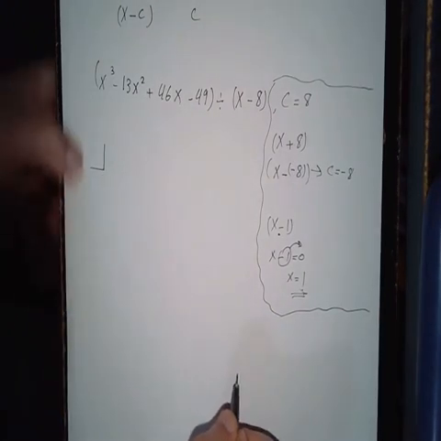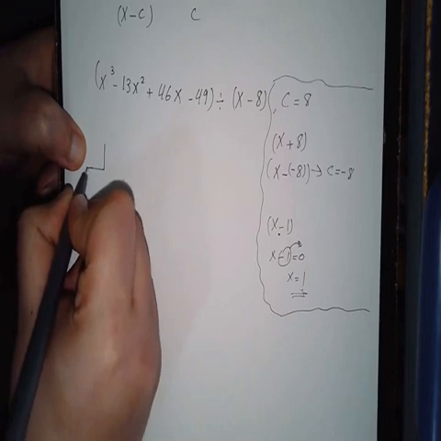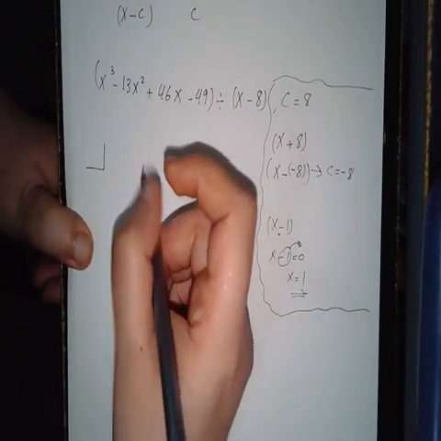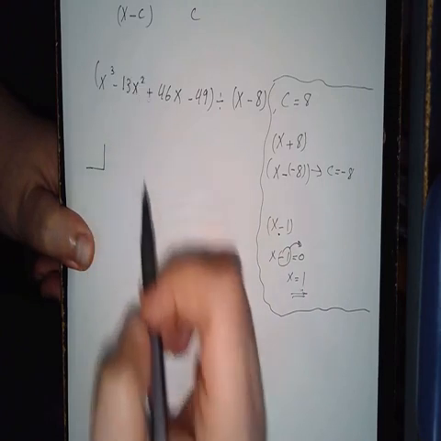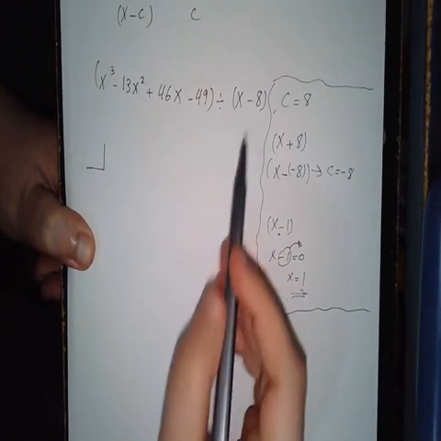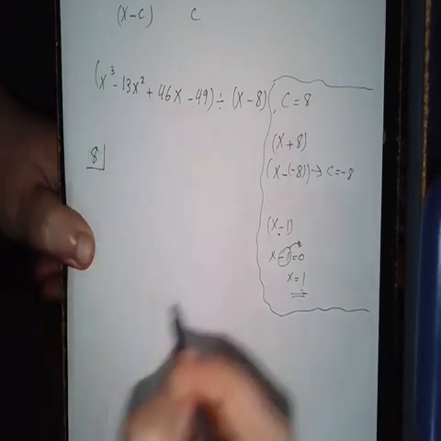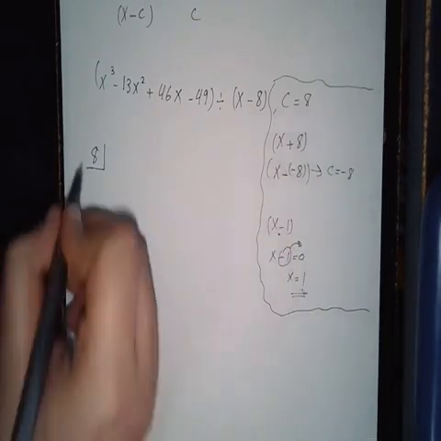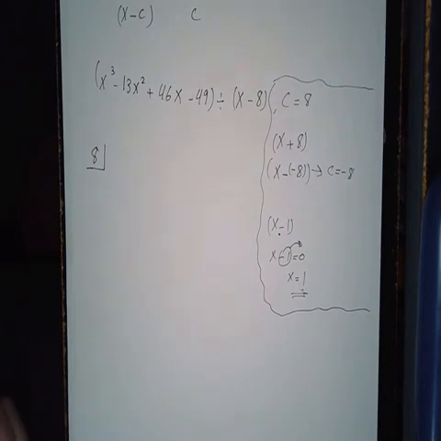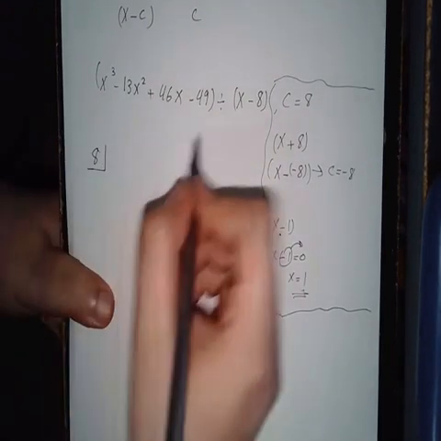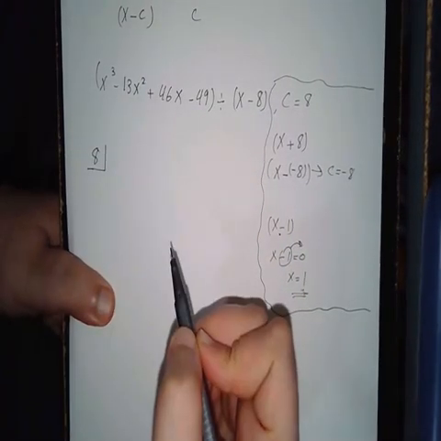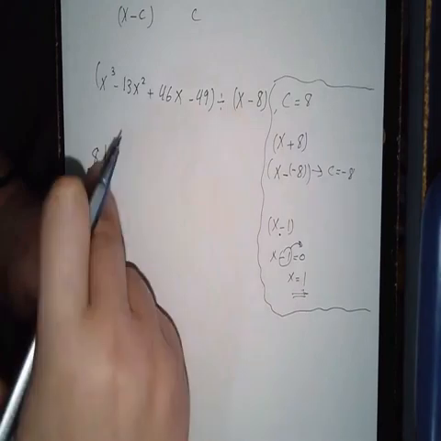In this little box, we're going to write down the c value, the number you have in your divisor. In this example, it's 8, right? So you see why it's important to know the sign, because if you got it wrong, you would be dividing by -8 instead of +8, and the entire thing would be incorrect. Since I gave you x minus 8, that means over here you write down +8. So that was the divisor section.